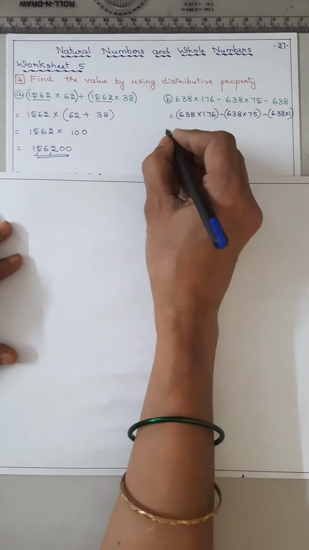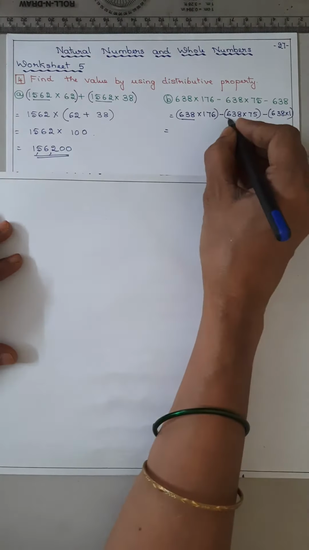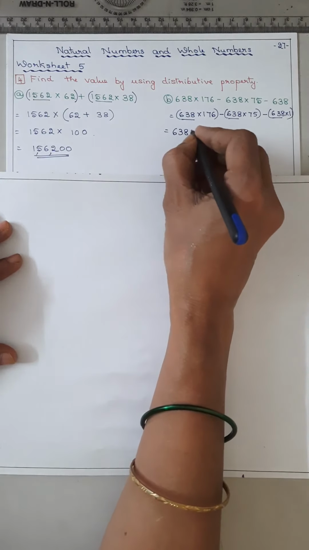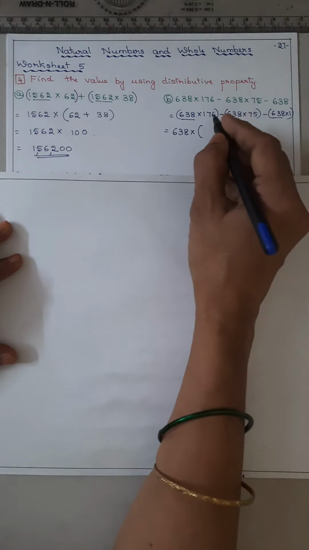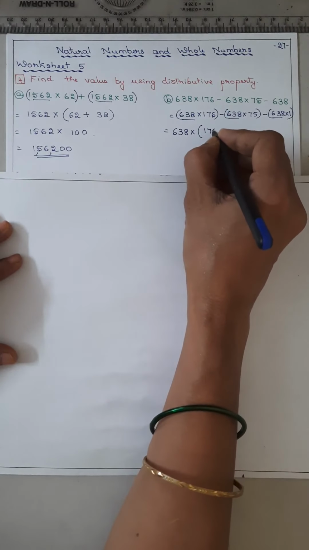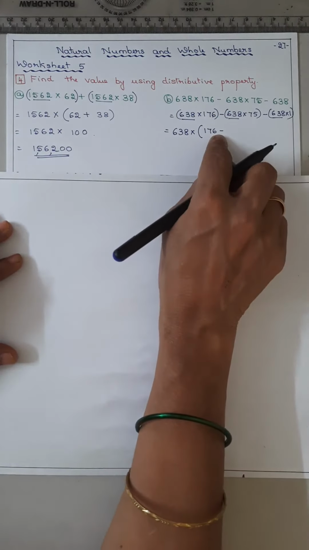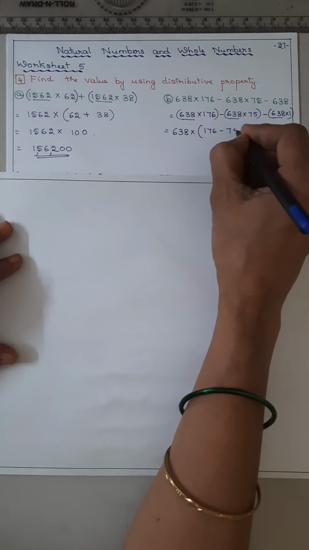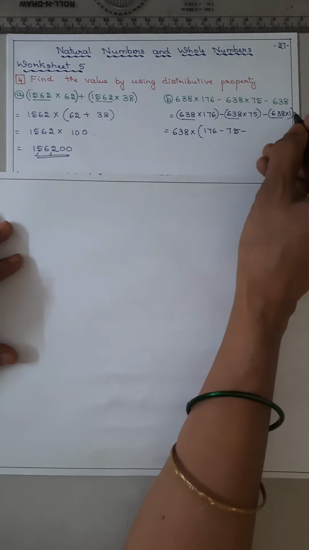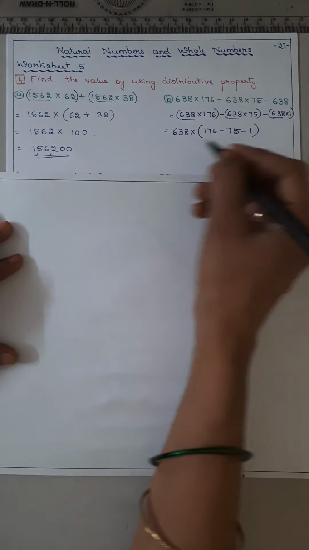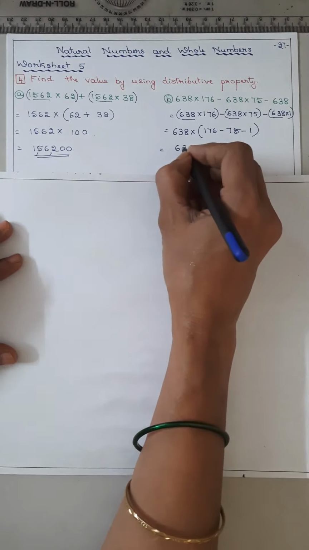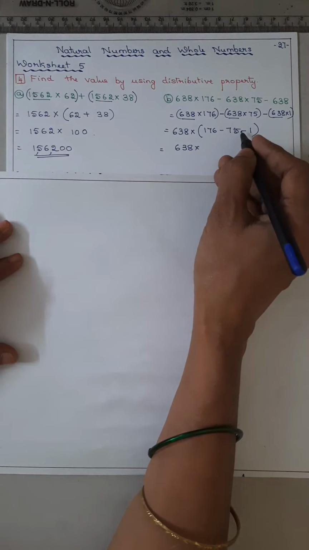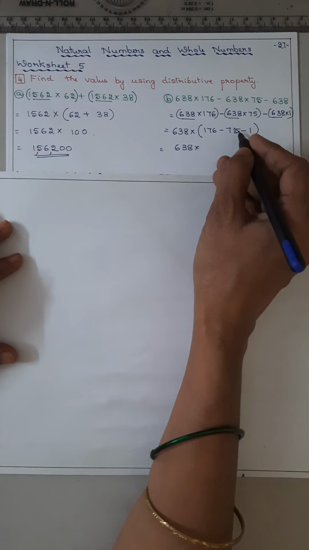Okay. Now what is common? 638. Write 638 into, within the bracket, 176. A group में से 176 माइनस A group में से 75 माइनस A group में से 1. Now 638 into 176 minus 75.